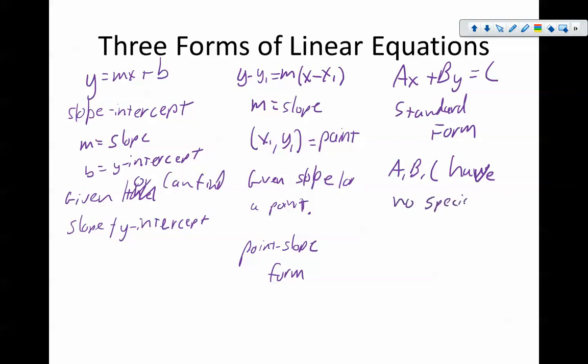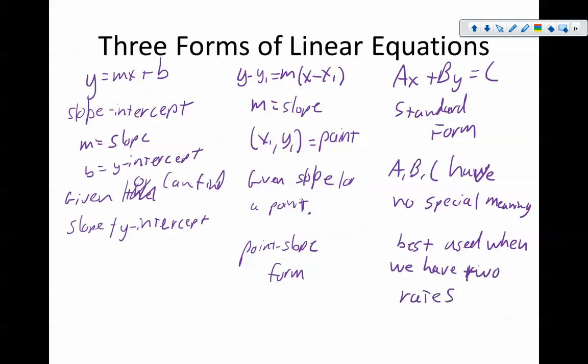So it's not like it's the slope or the point or anything like that. They're just numbers, okay? This particular form is best used when we have two rates. We don't have any examples of that one in this lesson, so we won't be using this one as much, but we will in the future.